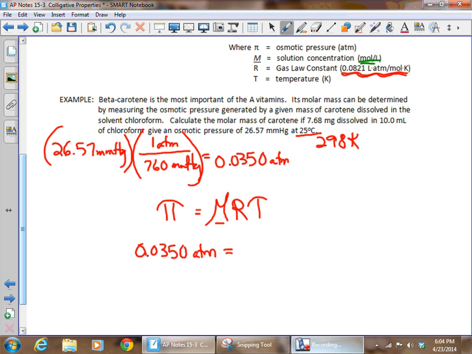Molarity, remember, is mass over molar mass over liters, moles per liter. And we know the mass is 0.00768 grams. It told us it was 7.68 milligrams, but we need to change that to grams. Divided by the molar mass. And now it's divided by the liters. It said it was 10 milliliters, so that's going to be 0.010 liters.